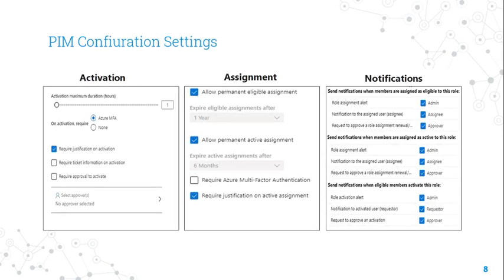For the PIM configuration settings, activation duration sets the maximum time in hours that a role stays active before it expires. This value can range from 1 to 24 hours. It also can require multi-factor authentication and require justification.